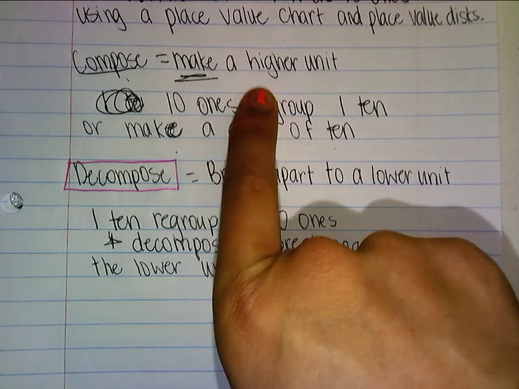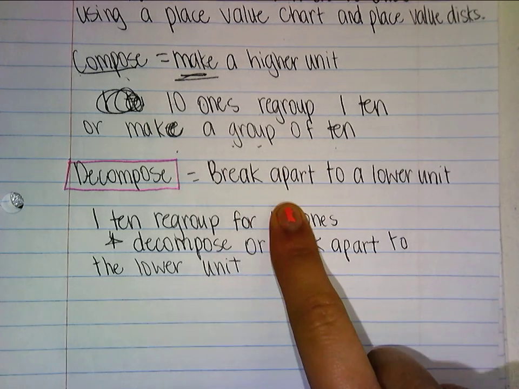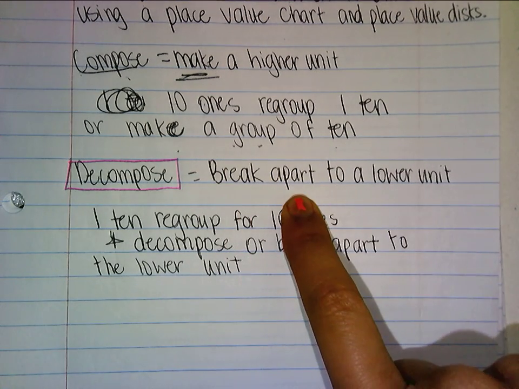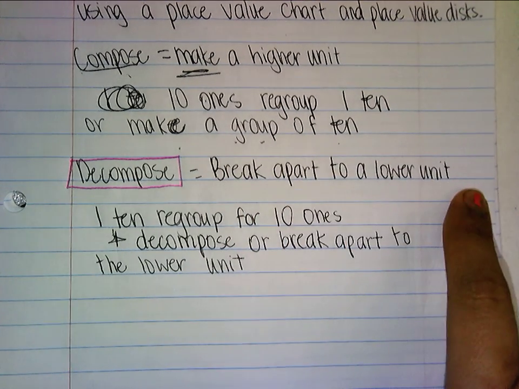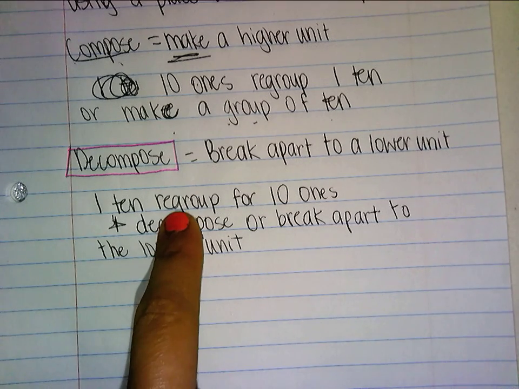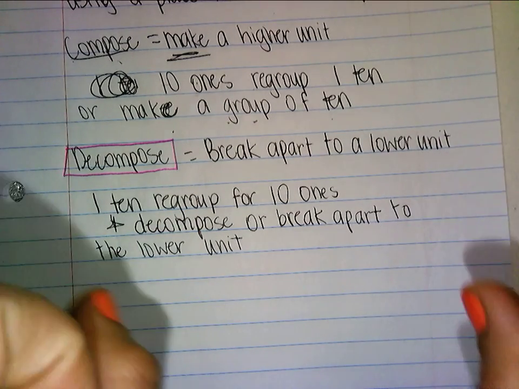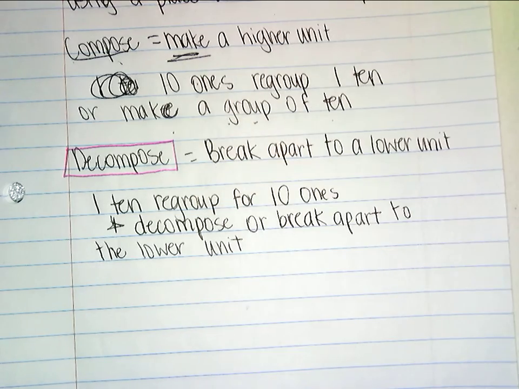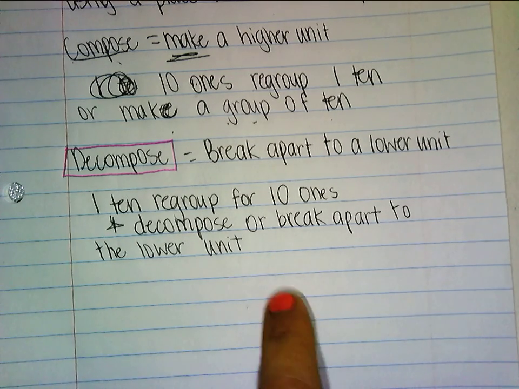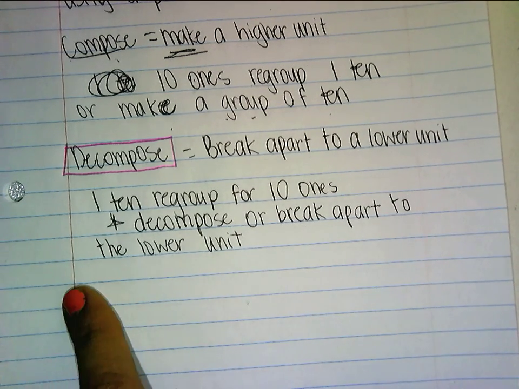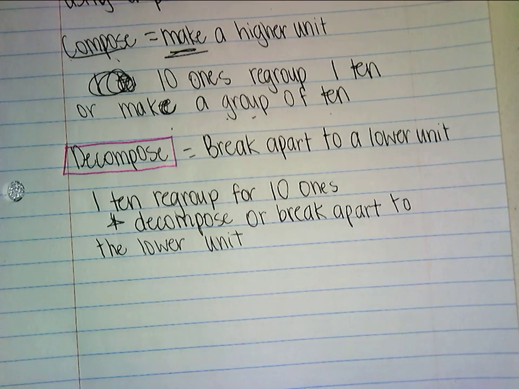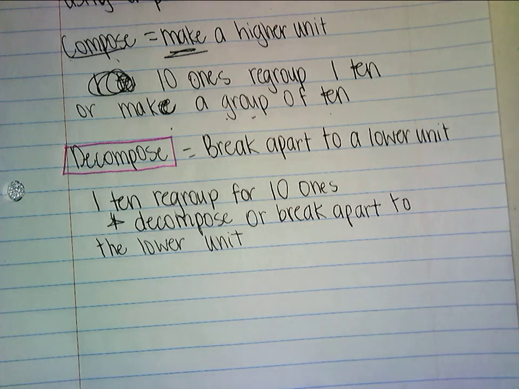Instead of making a higher unit, you're going to break apart a group of 10 to a lower unit. So 1 ten, you regroup for 10 ones. You're going to decompose, or break apart, to the lower unit. So you're going to go backwards. And I think you already know how to do this.